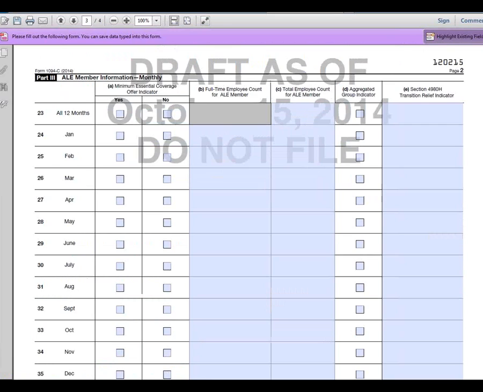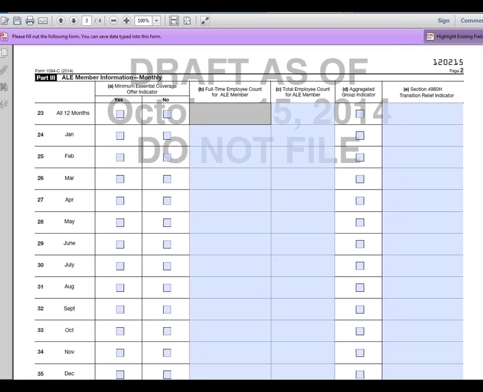If we look at the next section, which is Part 3, you're going to see it's different. They're going to want this reporting by month. They're going to want to know whether or not you made the minimum essential offer of coverage, the number of full-time applicable large employer members for employee count, and your total count for the applicable large employer members. You'll also see a section where you can fill in the information if you have 4980H transition relief.